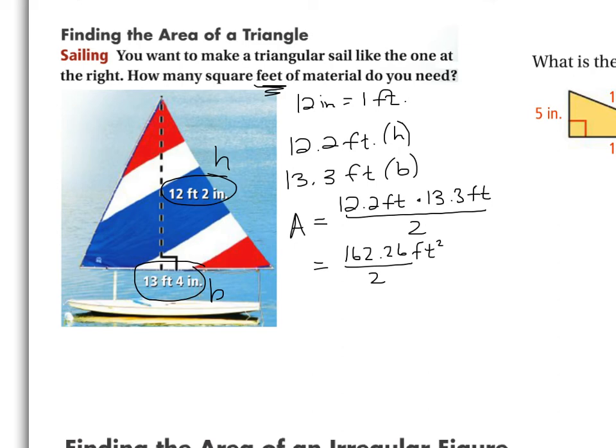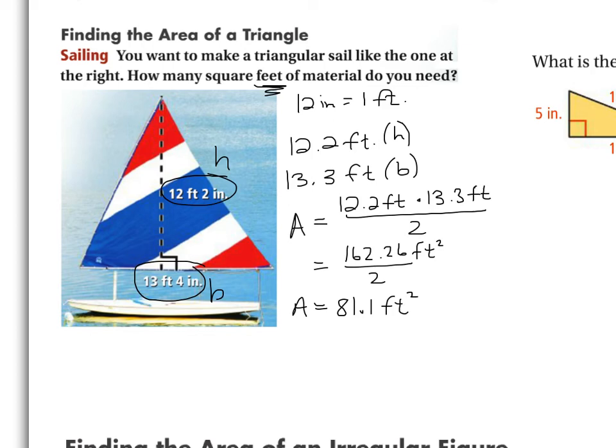And if I take the 162.26 divided by 2, rounded to the nearest tenth, that's what we'll do everything in. In this case, the area of the triangle, or of the sail, is 81.1 feet squared.